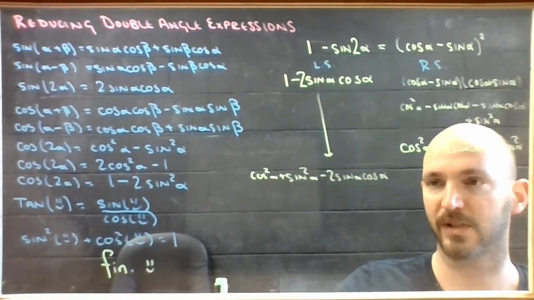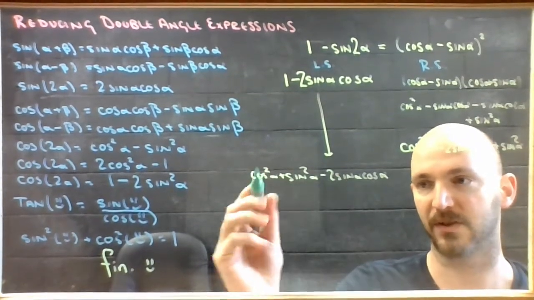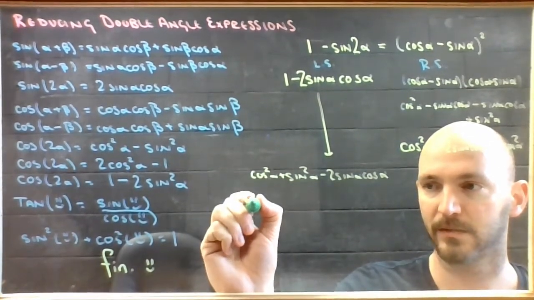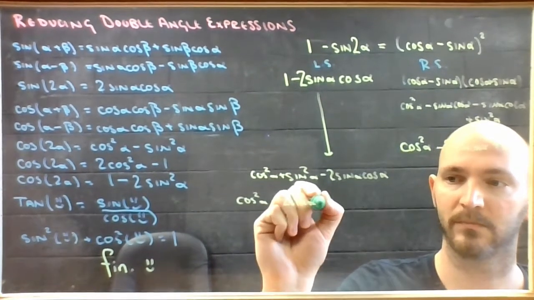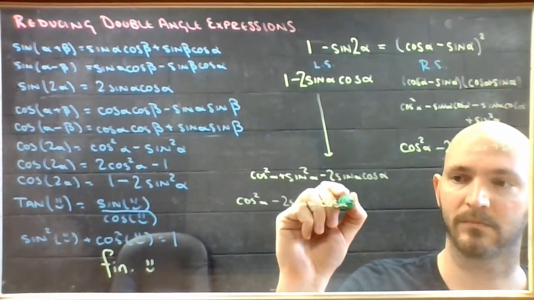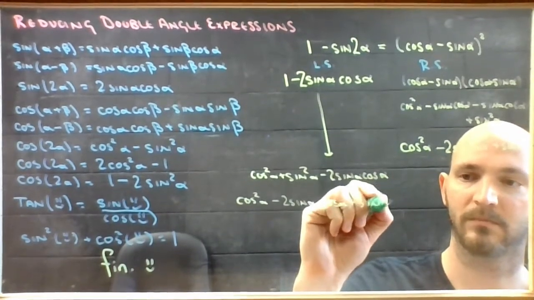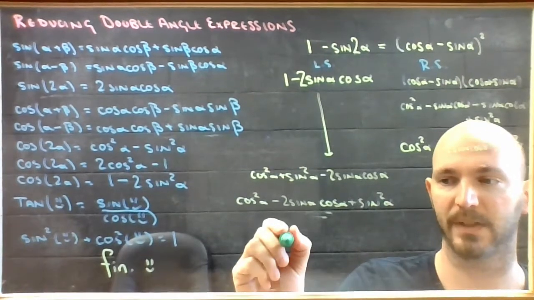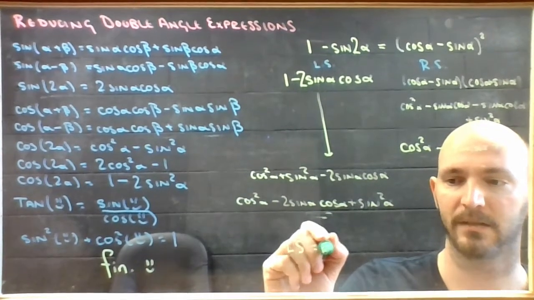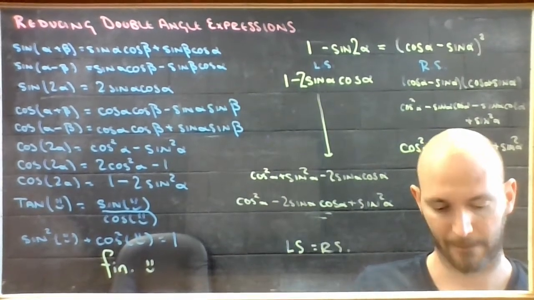Then if I do just a little bit of arranging, switch the positions of these two, then I have exactly the same as I have on the other side. So I've shown that left side equals right side. So I'm done with the proof.